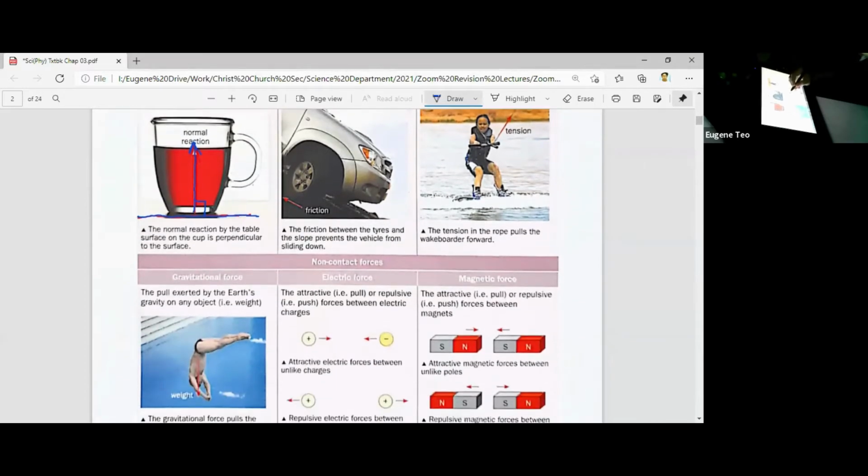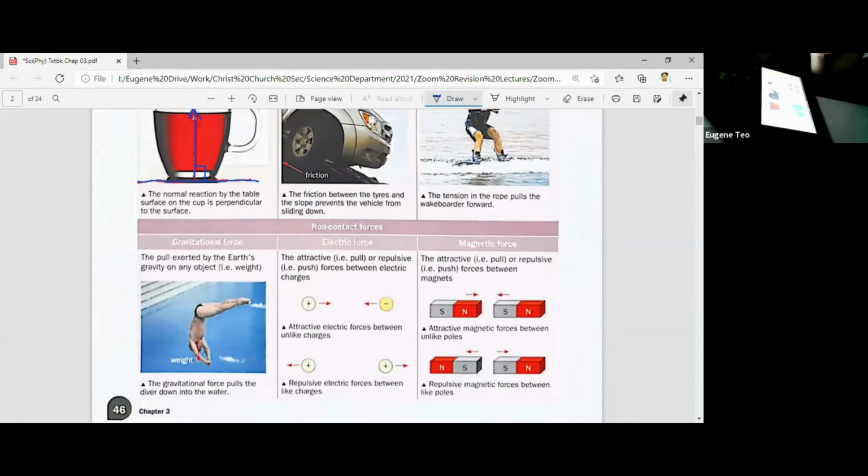The three non-contact forces that you're going to learn in the whole of your physics are gravitational force, which you find in chapter 4; electric force, under static electricity, which is chapter 14; and lastly magnetic force, which is chapter 18. I won't go through all of these in depth because along the way, the chapters will cover them.